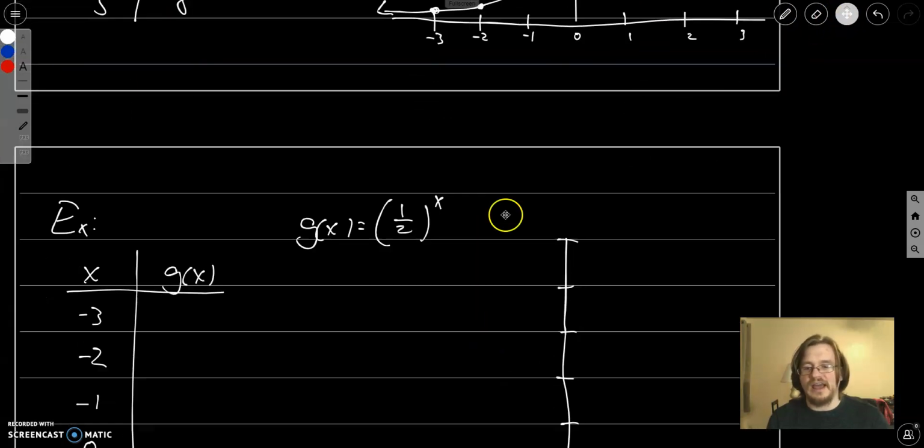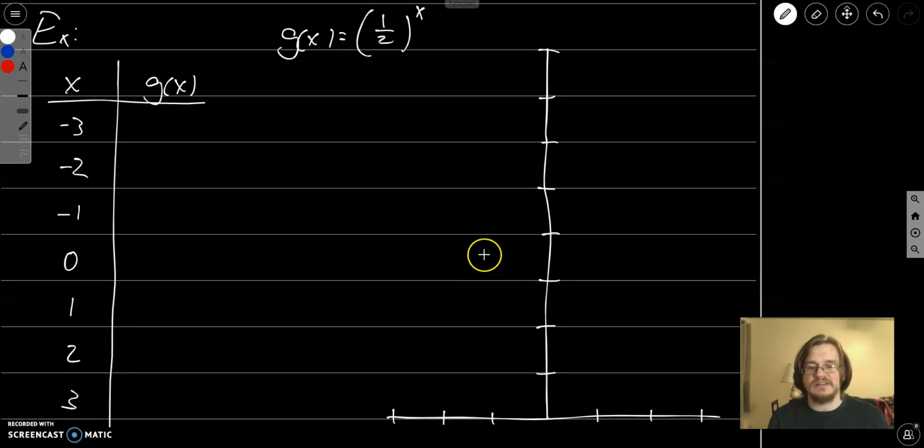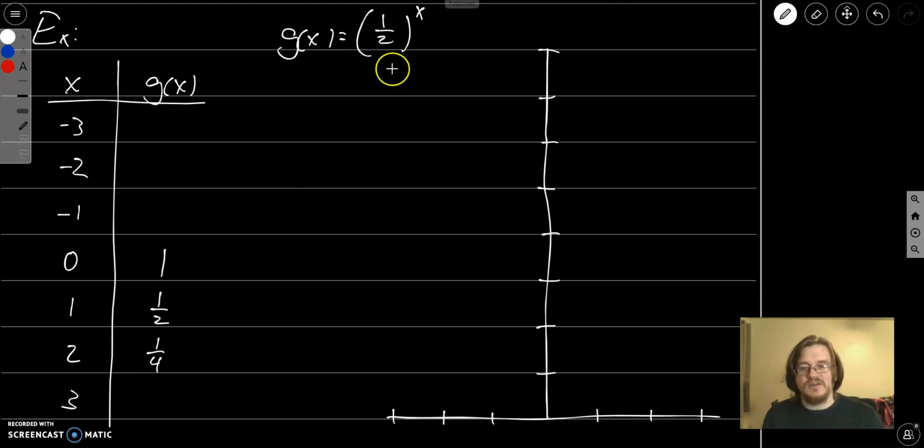If we look at the sort of opposite graph in some sense, we'll take 1/2 to the x power. So if I plug in 0, 1/2 to the 0 power is always going to be 1. Anything to the 0 power is 1. 1/2 to the first power, anything to the first power is just itself. 1/2 squared, 1/2 times a half is a fourth. 1/2 cubed, a half times a half times a half is an eighth.